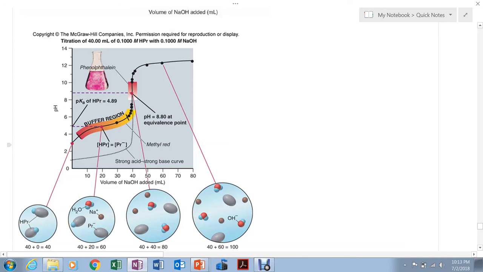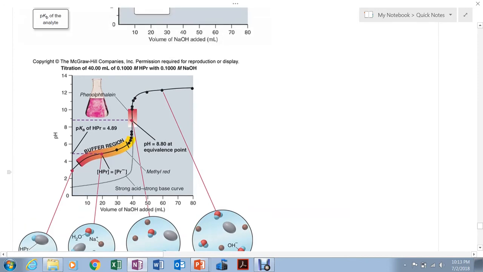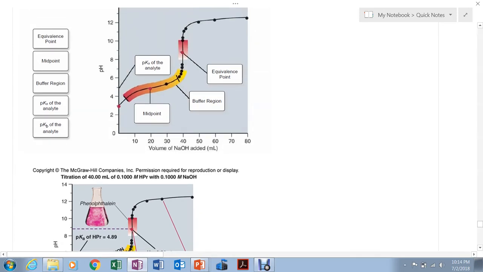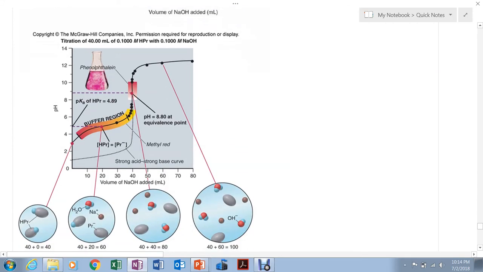I was looking at phenolphthalein. Sorry, it's 4.89. This is a specific example, and this is going to be the equivalence point, and this is going to be the excess of hydroxide.